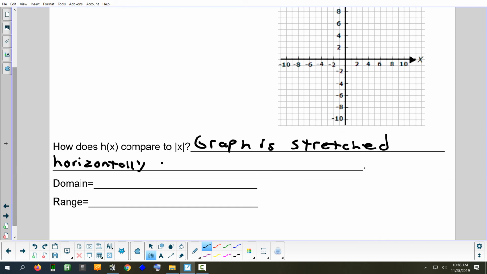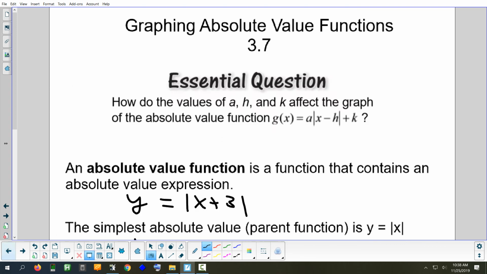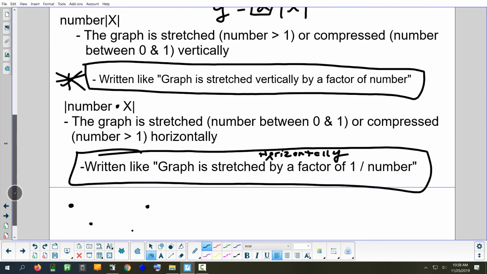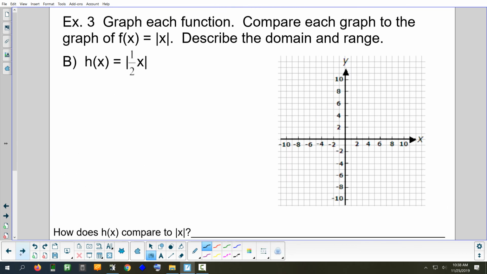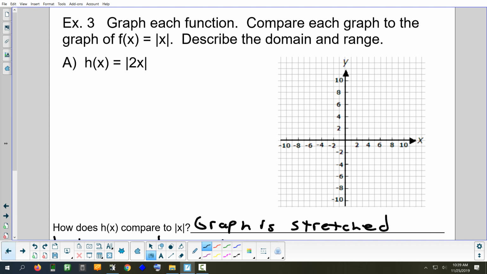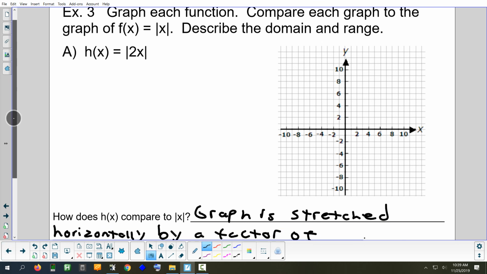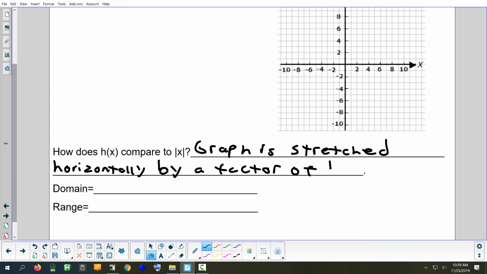So graph is stretched horizontally by a factor of, and how does it say to write it? By a factor of 1 divided by number. This one you have to put 1 divided by number. You don't have to worry about y, that's just what you have to do. Okay, so look at our problem. What's the number in front of x? 2. 1 divided by number. That's how you do that one.